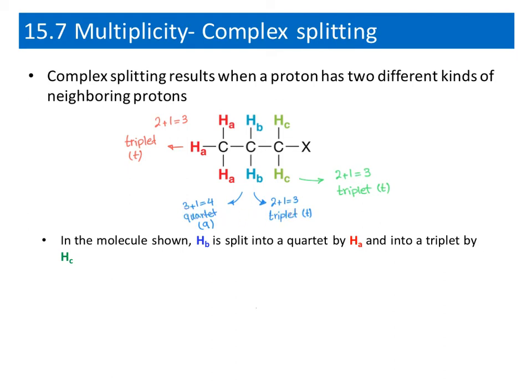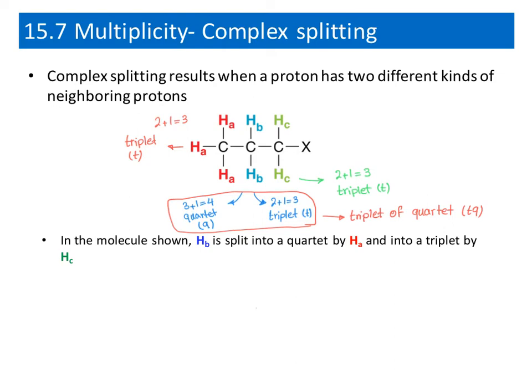So we can say for Hb, the multiplicity would be triplet of quartet, or sometimes we show that as TQ. So we have triplet of quartet for Hb protons here.